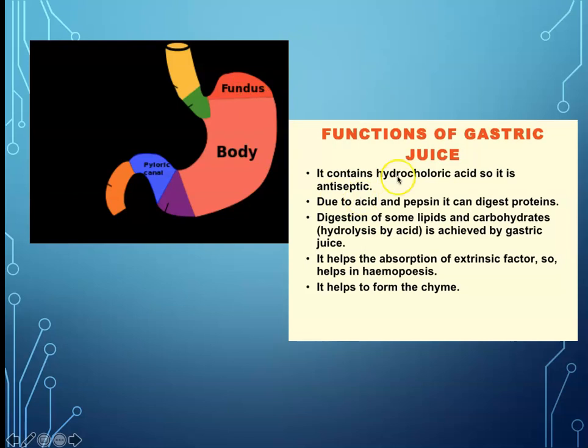So the functions of the gastric juice, it's mainly responsible for digestion of protein and some lipids and carbohydrates, and then also helps with the absorption of the extrinsic factor, and then helps form the chyme.